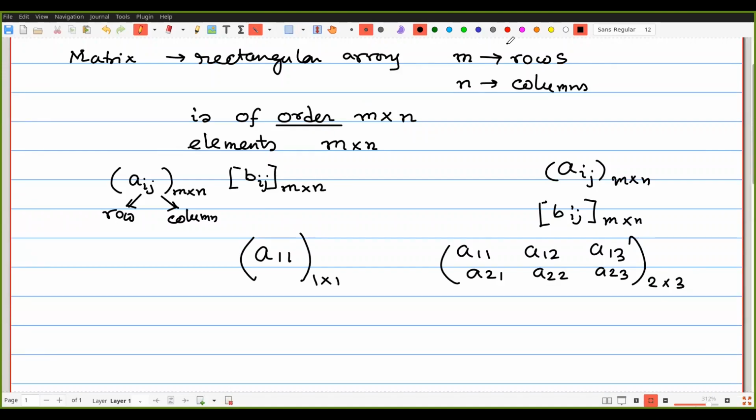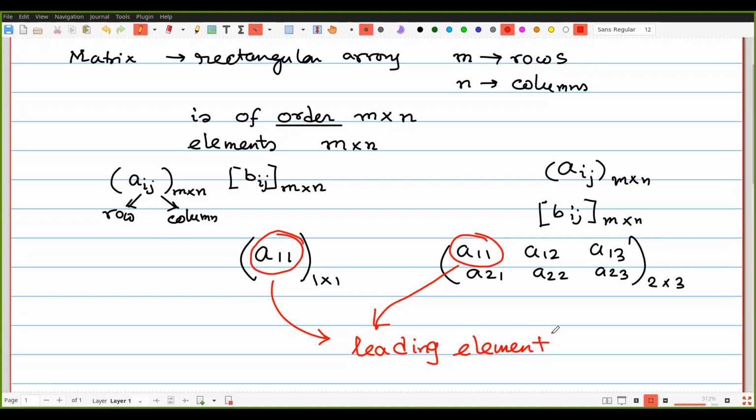That first element, A11, is called the leading element.